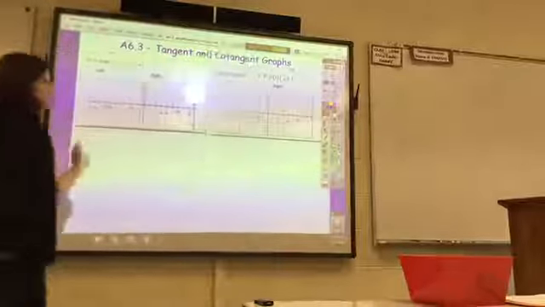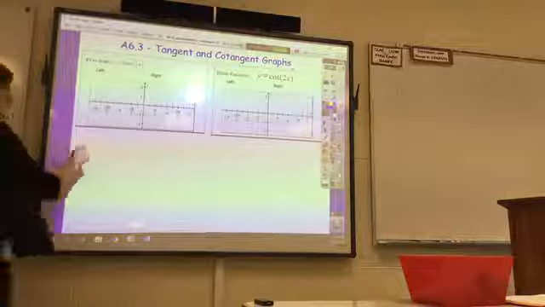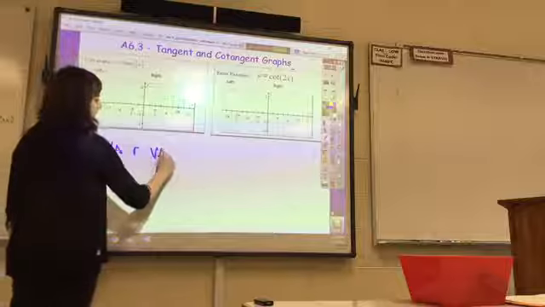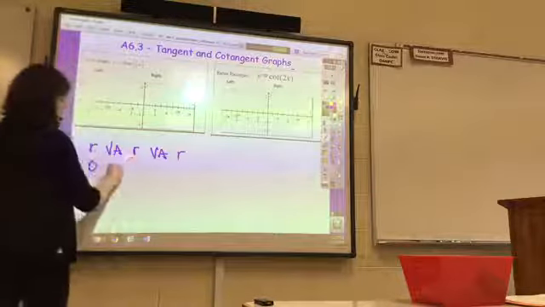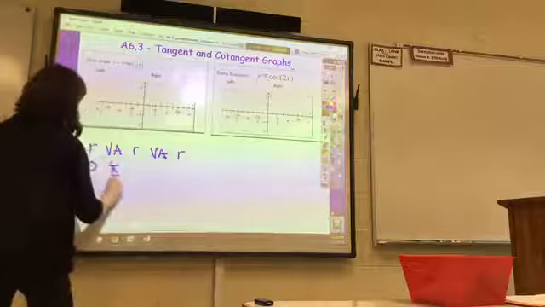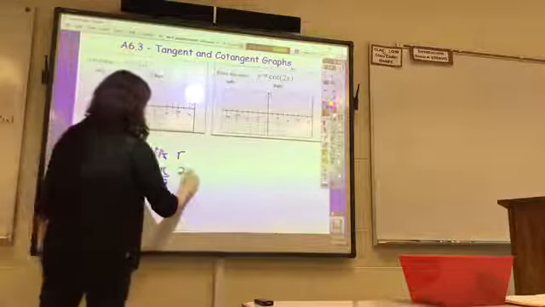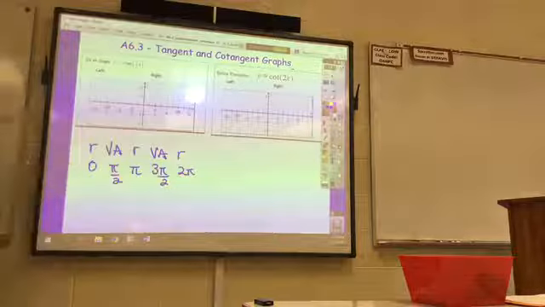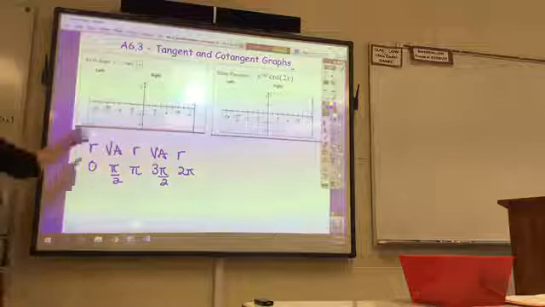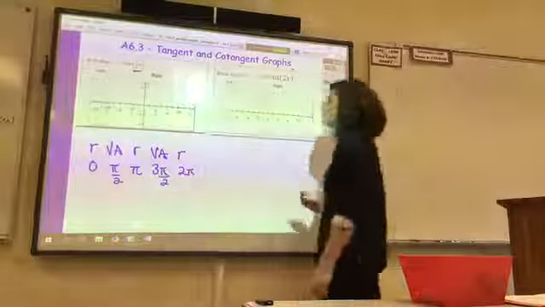Let's start with our cheat chart for tangent. What's the cheat chart for tangent? Root, vertical asymptote, root, vertical asymptote, root. 0, pi over 2, pi, 3 pi over 2, 2 pi. Everybody okay? Okay. Now we have to make an adjustment in our cheat chart for this part. What does that adjustment do?